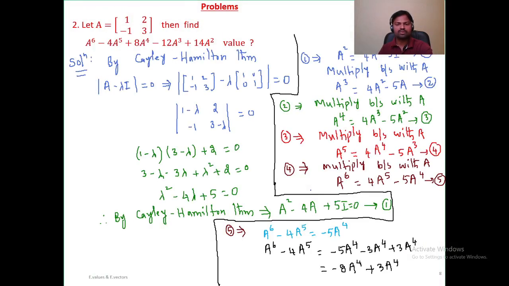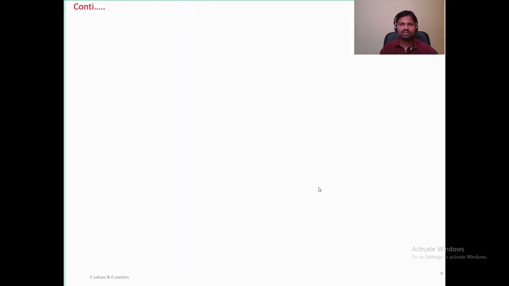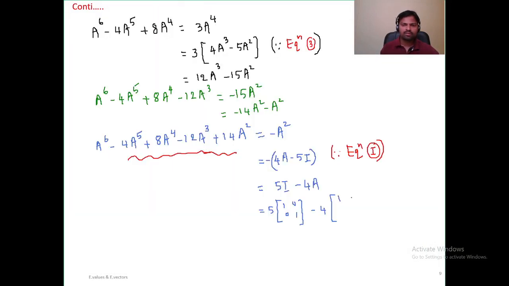Matrix A is 1 2 minus 1 3. And this will be 5 minus 4 is 1, 0 minus 8, and 0 plus 4 is 4, and 5 times 1 is 5 minus 12, which is minus 7.